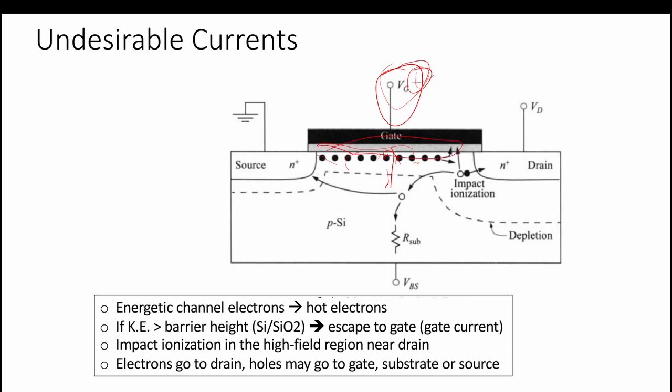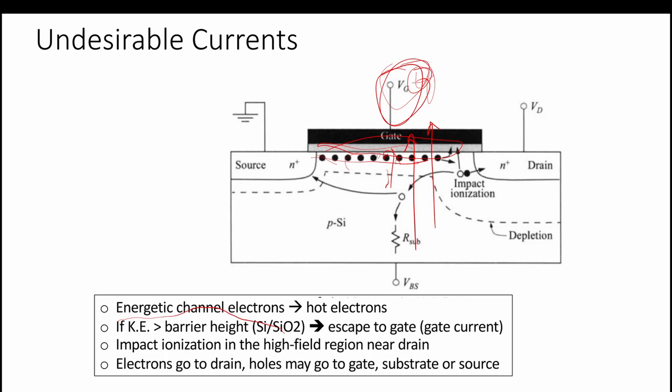They can create vacancies, they can kick off electrons from here. And if the kinetic energy is too high, they are energetic electrons. There is a field in this direction also, but in the gradual channel approximation we assumed that the field in this direction is very small.